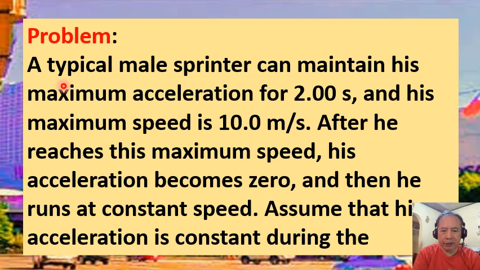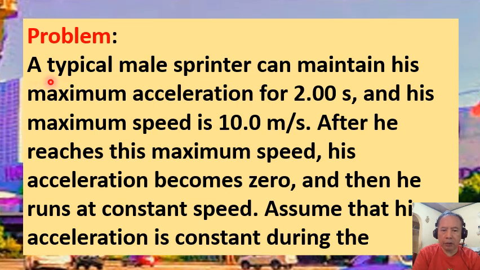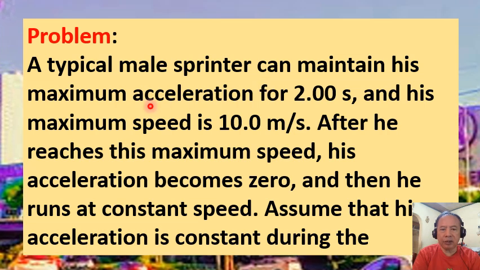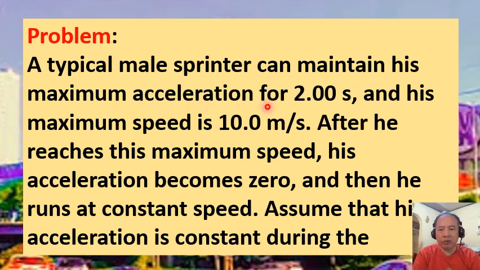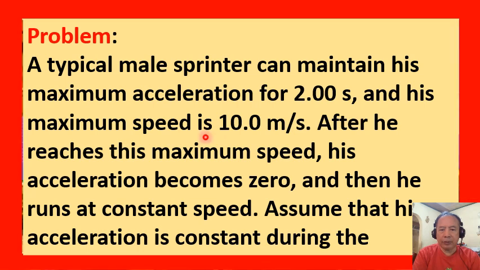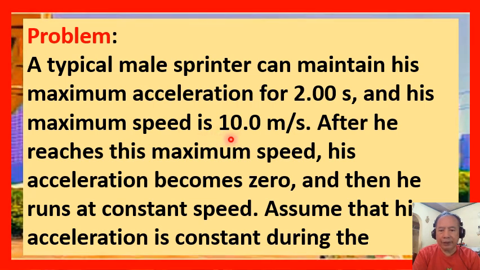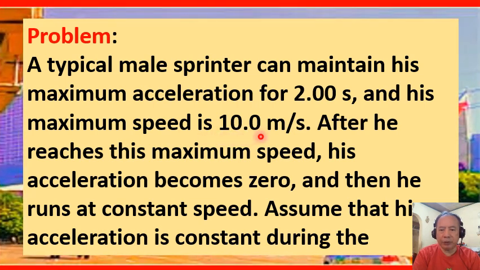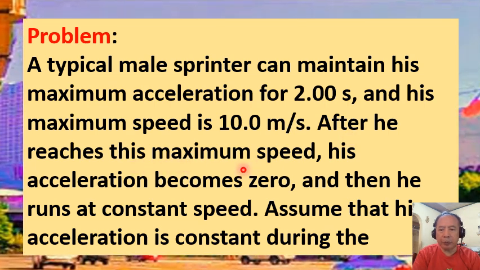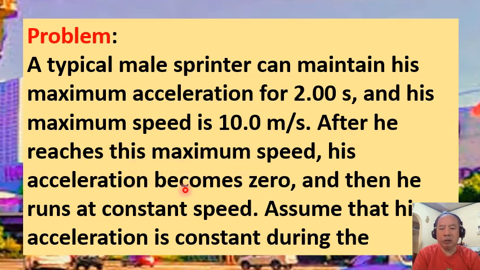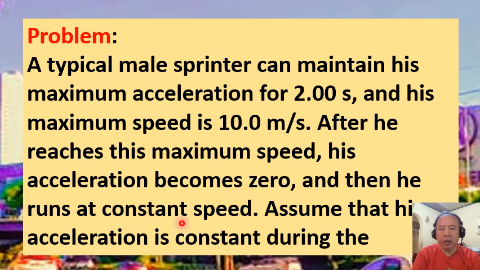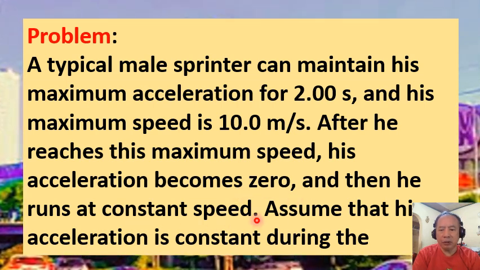The problem is a typical male sprinter can maintain his maximum acceleration for 2.00 seconds, and his maximum speed is 10.0 meters per second. After he reaches this maximum speed, his acceleration becomes zero, and then he runs at constant speed.